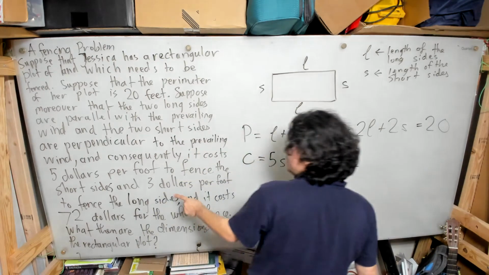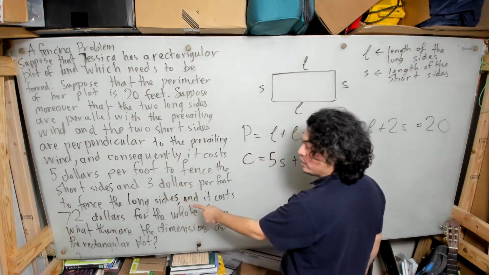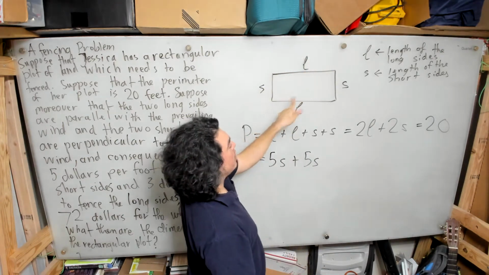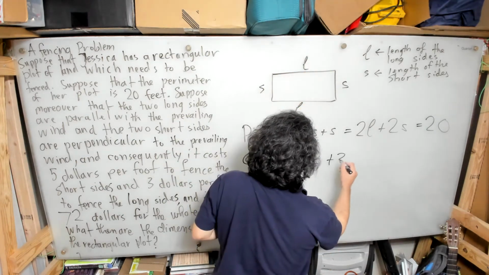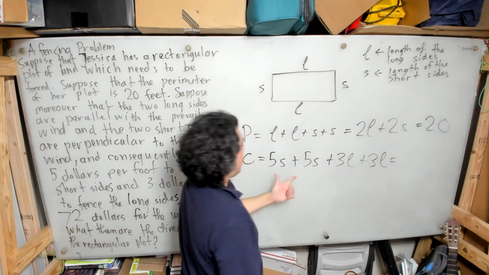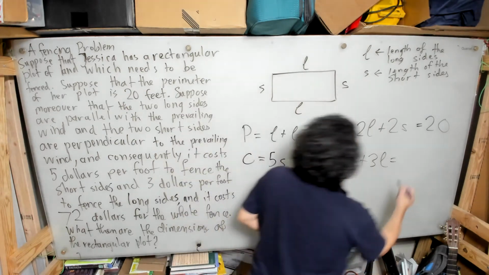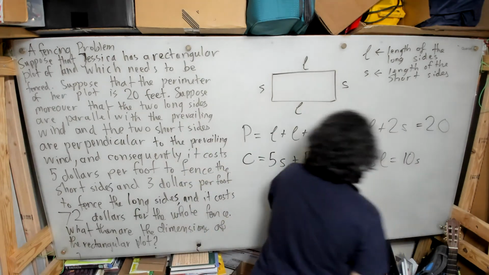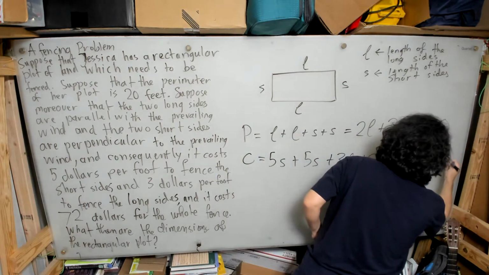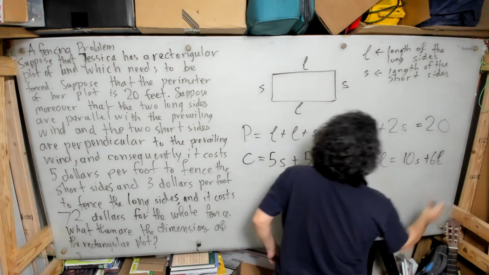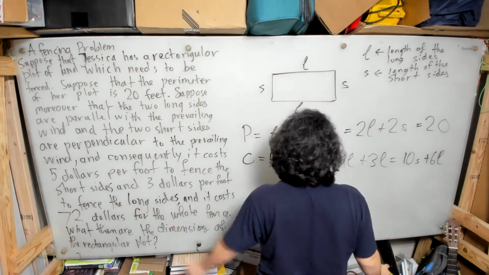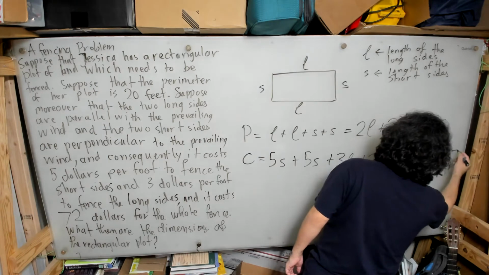And then it's $3 per foot to fence the long sides. So it'll be 3L to fence this side and 3L to fence this side. So plus 3L plus 3L, which will give us 10S and 6L. And of course, that's going to give us the 72. $72 to fence this whole thing.